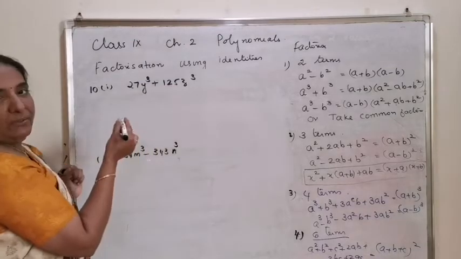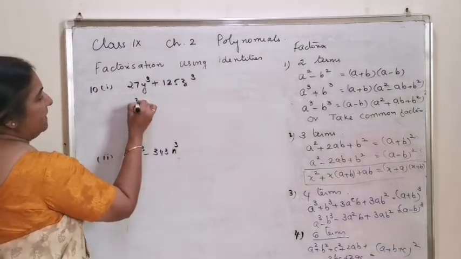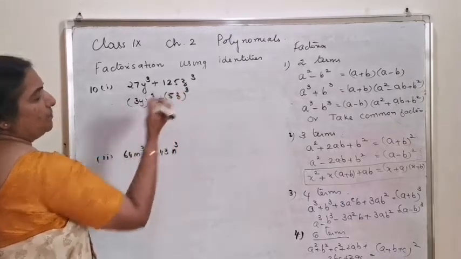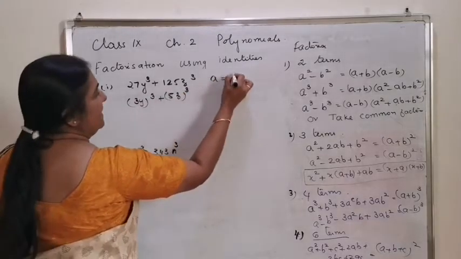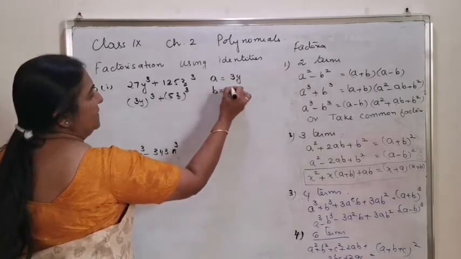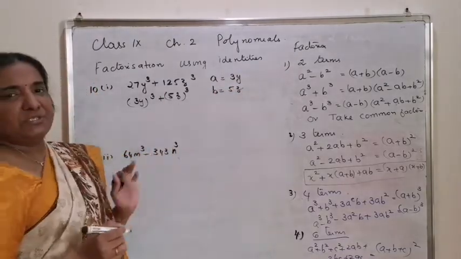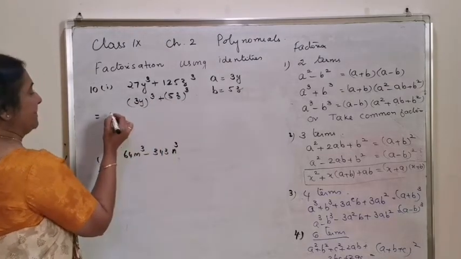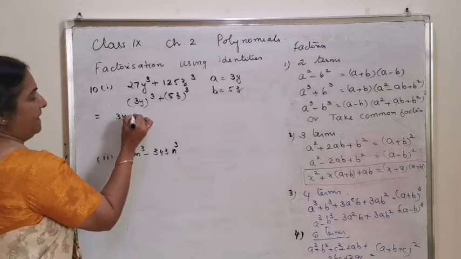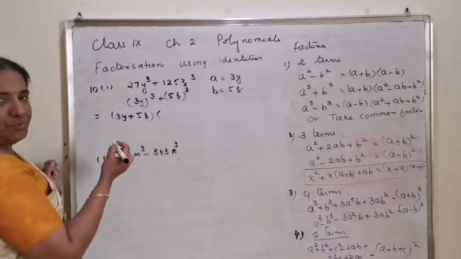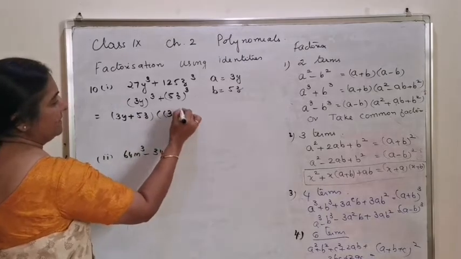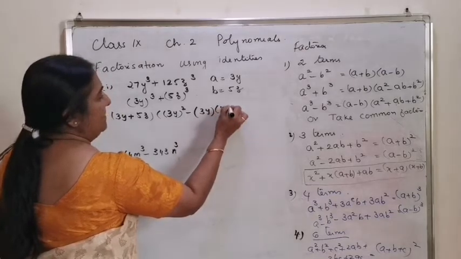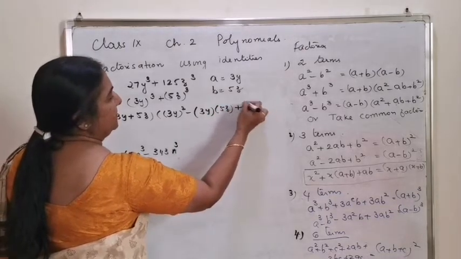27y cube plus 125z cube can be written as (3y) the whole cube plus (5z) the whole cube, which gives you your a value as 3y and b value as 5z, and you directly substitute in the factorization formula. a cube plus b cubed is (a plus b) into (a square minus ab plus b square).